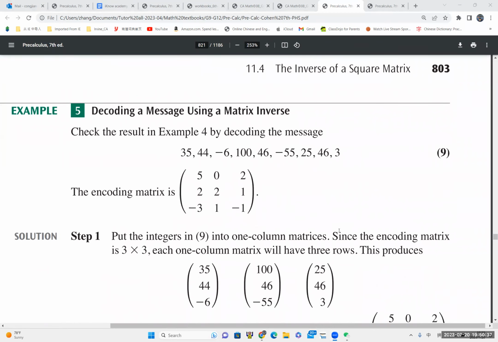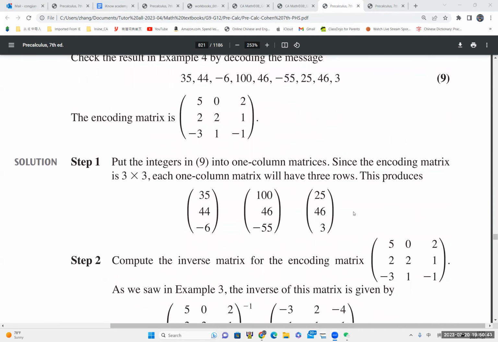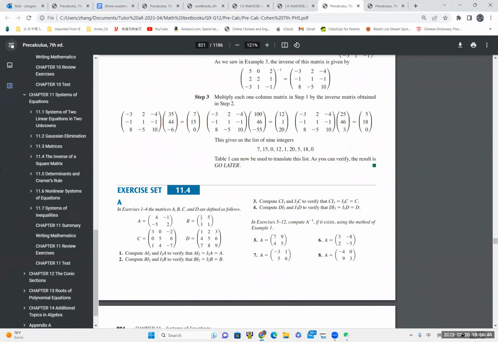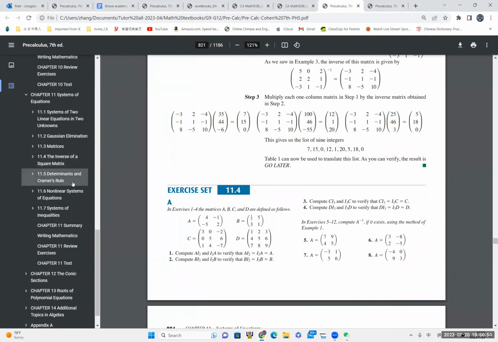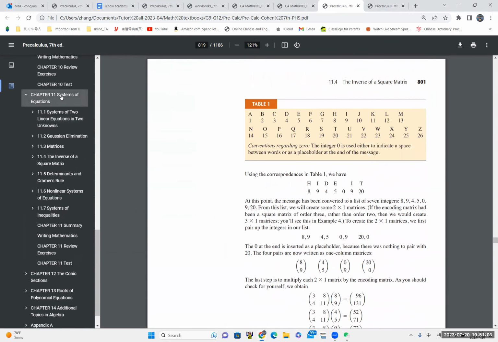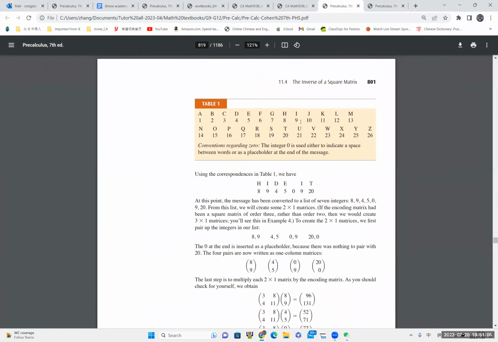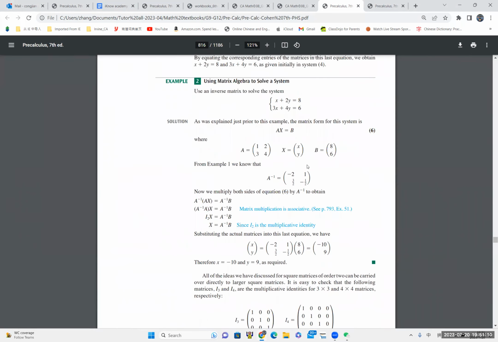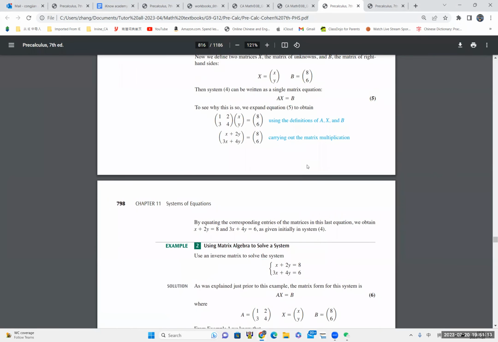Okay, let's forget this. They still do not show how to find it. Determinant and Cramer's rule. Yeah, let's go back a little bit. I suppose they show how to find the inverse of the matrix. Let me see. We went too fast.